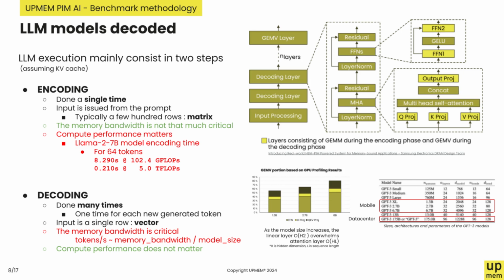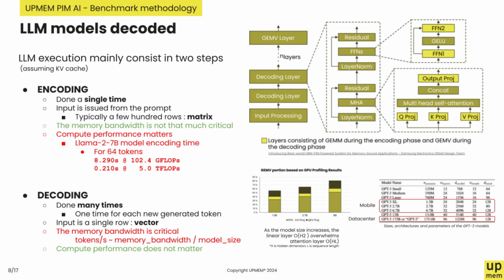Then the execution usually consists of two steps, if we assume that we have a key value cache. The first time that we execute the model, it's called encoding, and we will fill the key cache. The input for this phase is the whole prompt, the tokens that the user wants to run inference on and generate new tokens.